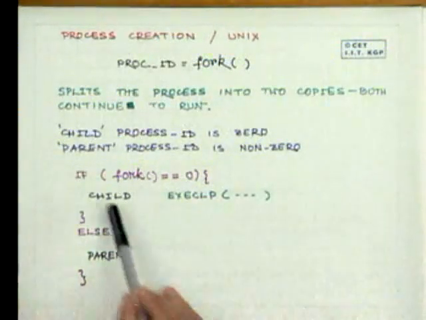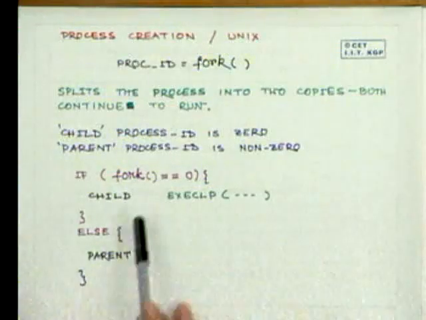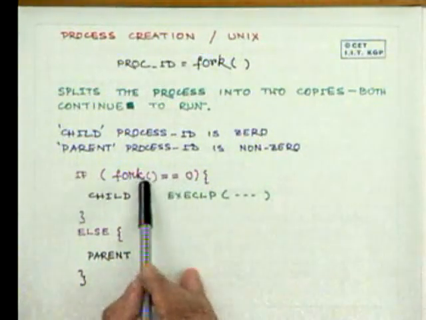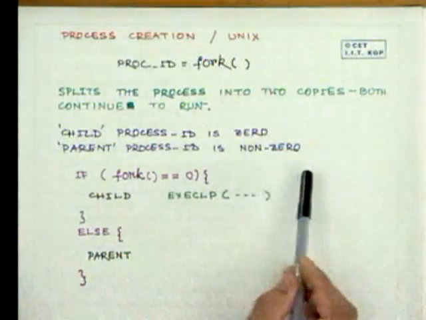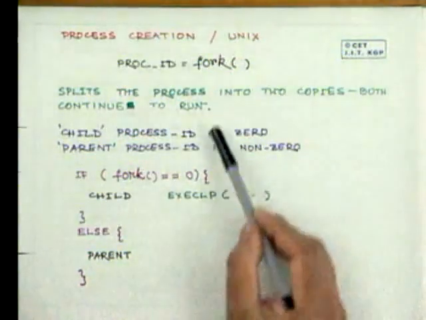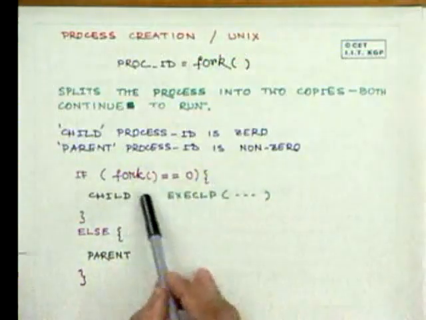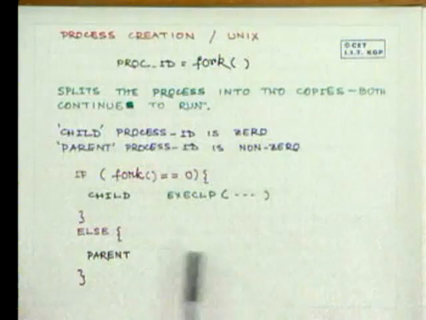Therefore, we can write a program like this, where we have called fork. As soon as the fork is called, the child and parent processes are created. The child is a copy of the parent and both start running simultaneously from this point.